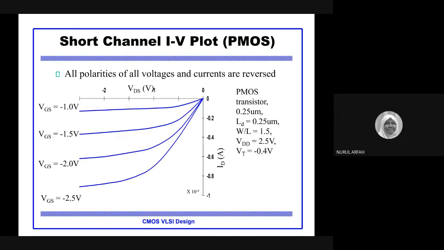Okay, next slide. For the PMOS here, the polarities of all voltages and currents are reversed. The drain current will be on the negative side, and VGS will also be on the negative side.